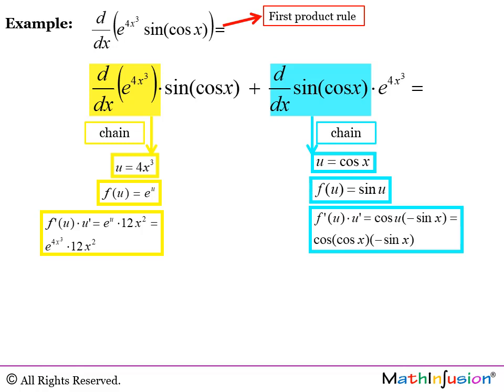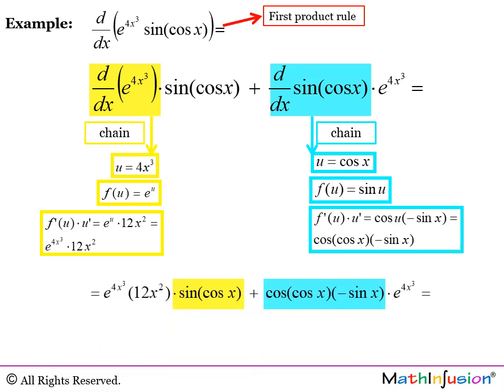Now I'm going to express the u as a function of x, and I get cosine of cosine x times negative sine x. Please be careful, this is cosine of cosine x. It's not cosine times cosine x, but it means that the angle here is cosine x.